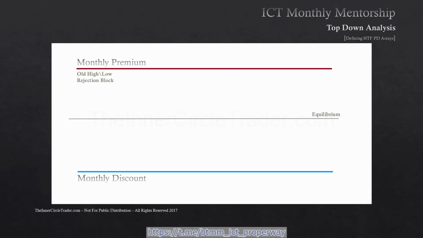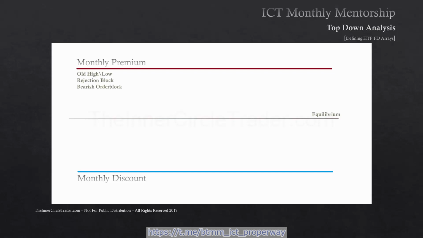The next thing that you'll be looking for, and this is in the order of importance, okay? Old high, old low. Then the next thing you'll be looking for is a rejection block. A rejection block will be just above the candle's body, not the wicks. So the actual high and low is the wick. But then the next area of importance is the rejection block that would be just above the candle's body.